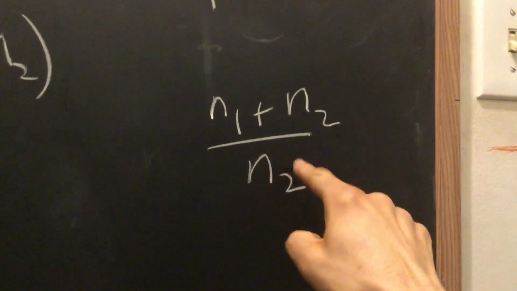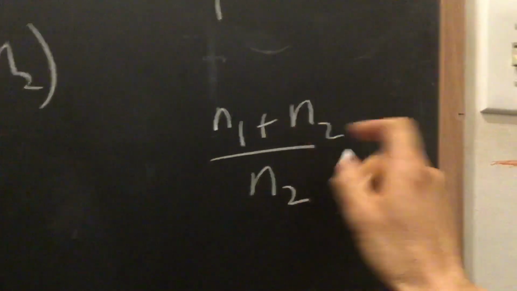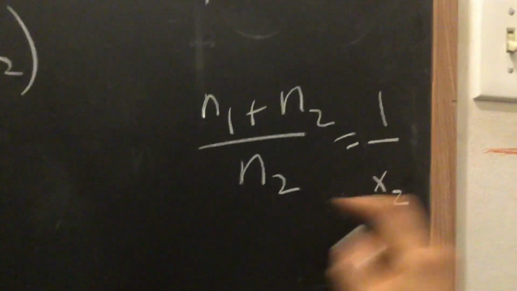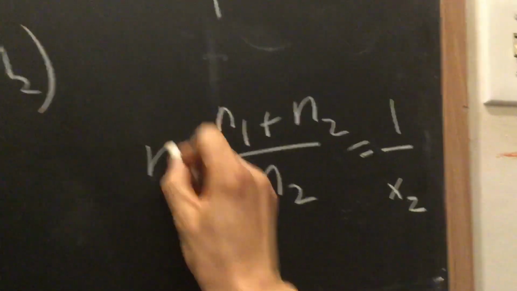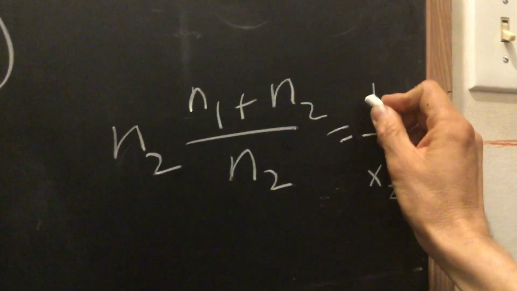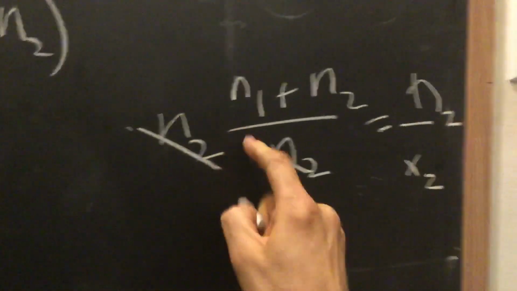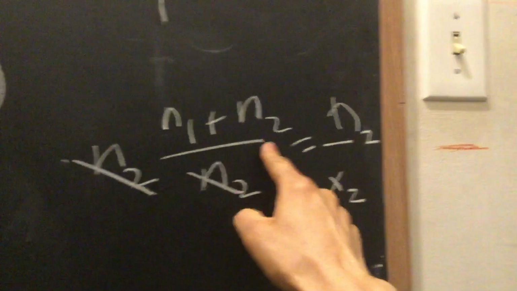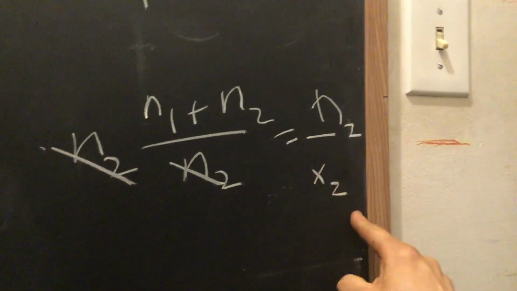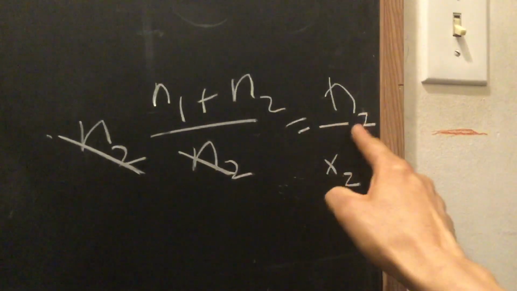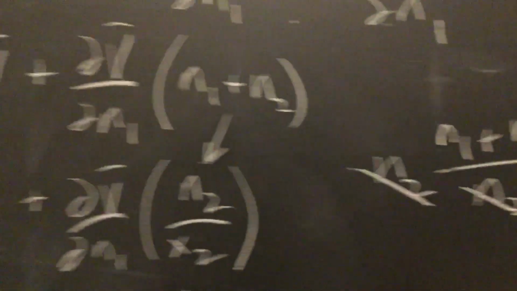X2 is equal to N2 over N1 plus N2. So this is 1 over X2. But if I want to cancel out the N2, multiply both sides of this by N2, N2's cancel out. So N1 plus N2 is just an easy way of saying N2 over X2, right? So wherever I see N1 plus N2, I'm just going to write N2 over X2. You'll see why in a moment.